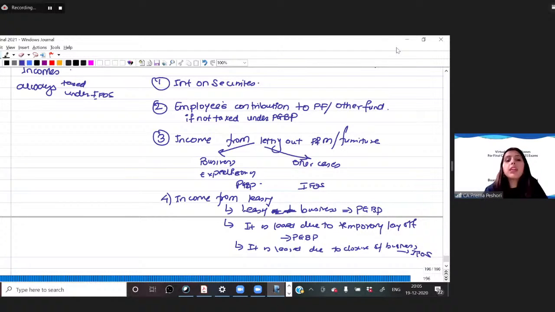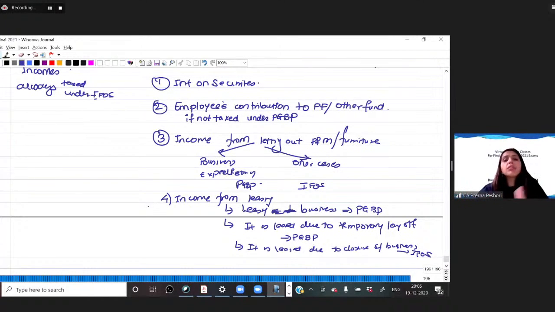Remember, in the basic concepts class we dealt with this kind of case law: if the business is temporarily shut down and, to reduce my loss, I am leasing out my assets, then it will be considered as business income.